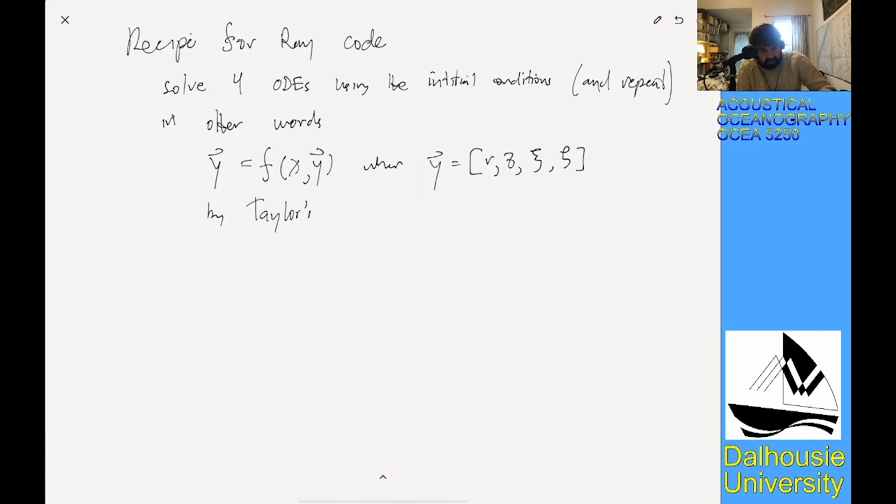By Taylor's expansion, y_(i+1) is equal to y_i plus y_i prime h plus y_i double prime h squared over 2 plus dot dot dot. h is the step length along the curve.